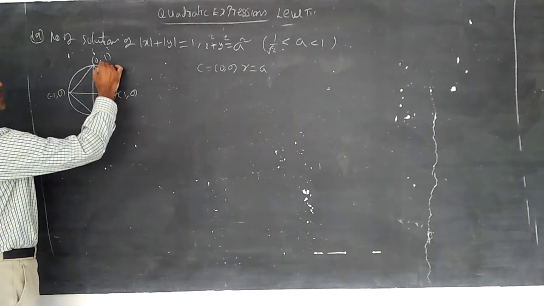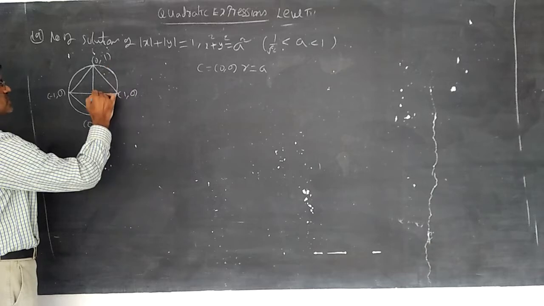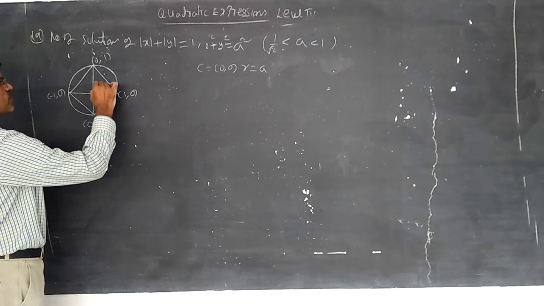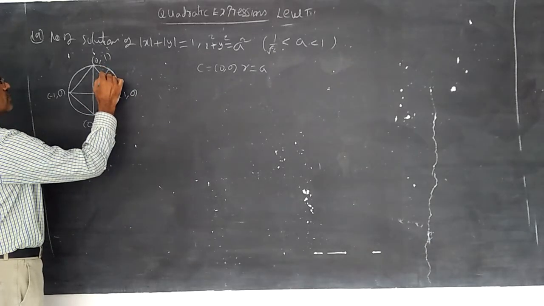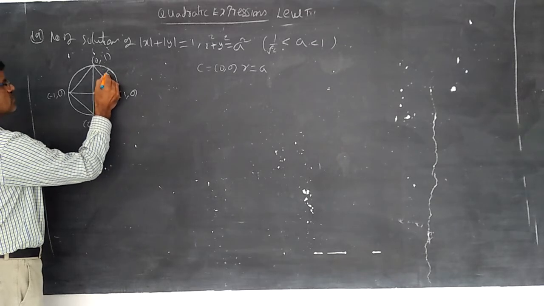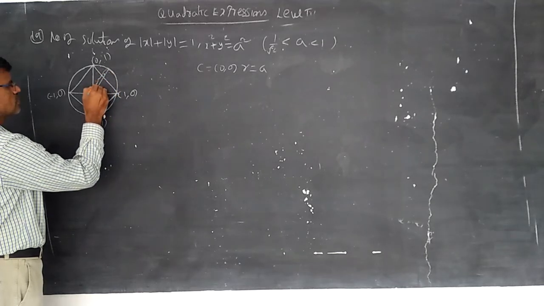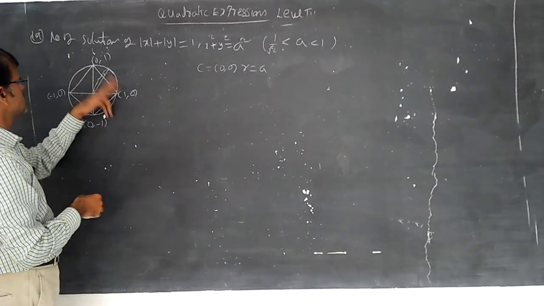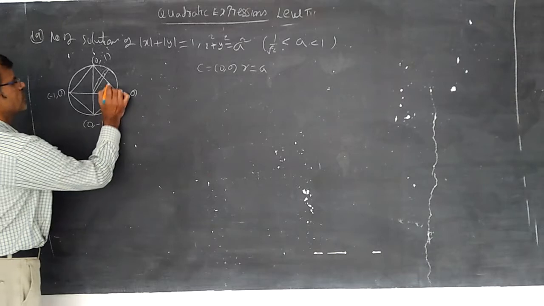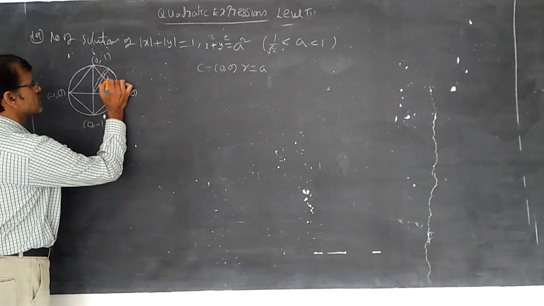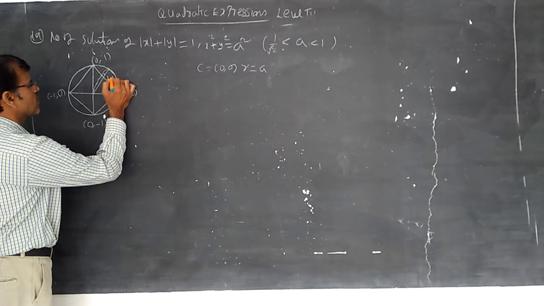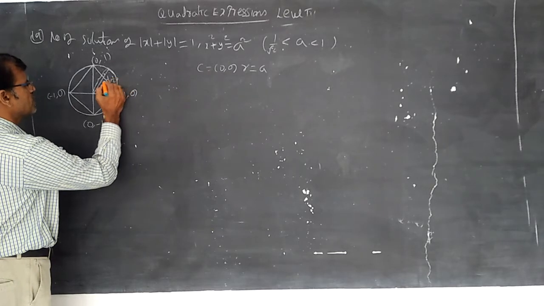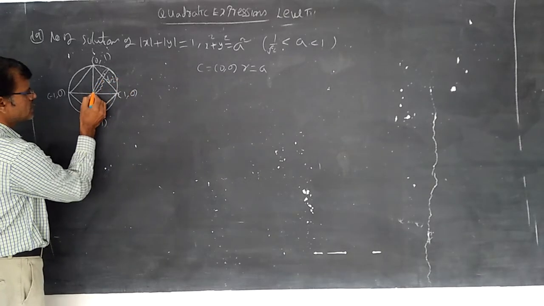From the center to any point of the circle is called the radius, so this is the radius. This is the full radius. The radius should be less than 1. It's okay. Now if you take the midpoint (1/2, 1/2), this is also a radius.